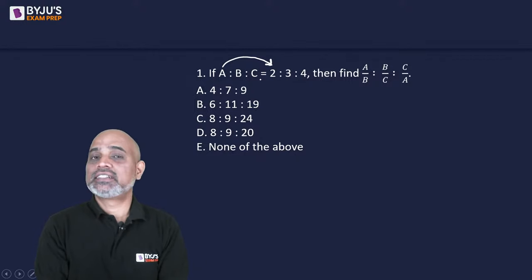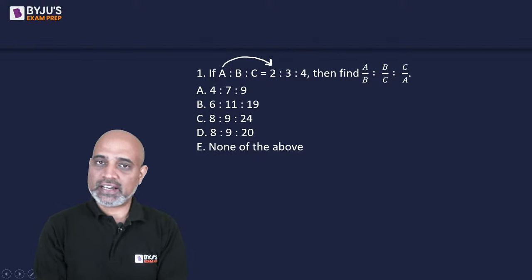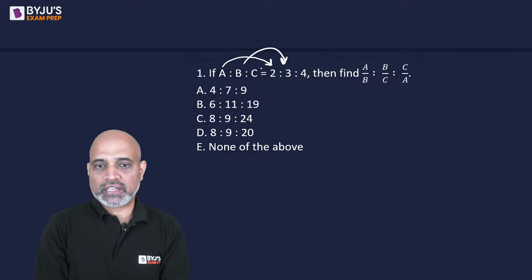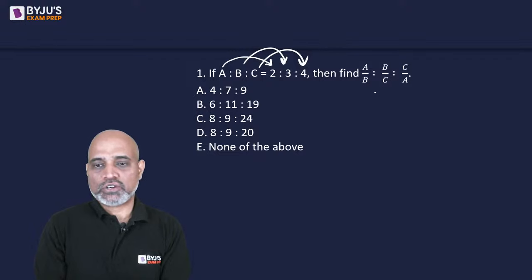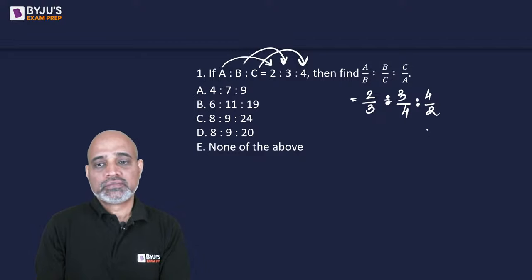So there are 6 things written over here. So the first is going to be same as first on the left hand side and right hand side they are going to be the same. So A को 2 मानेंगे, B को 3 मानेंगे and C को 4 मानेंगे. Okay. So all you have to do is put it here. A is 2, B is 3, B is 3, sorry this is ratio, C is 4 and then C is 4 and A is 2.